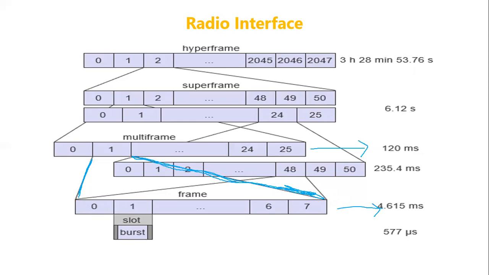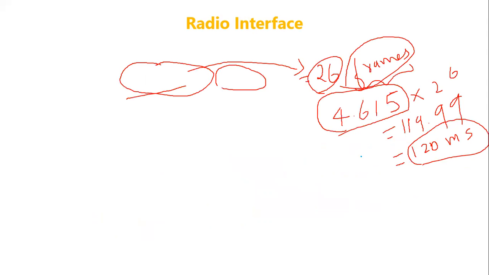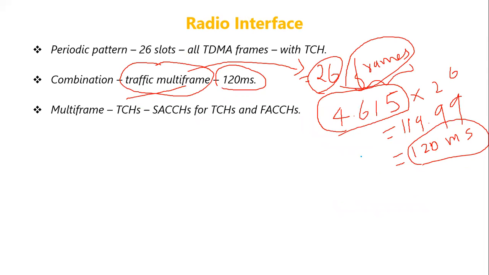I think it is clear. So this is how the multi-frame is created. Now let us continue. We have to keep on moving back to this diagram. So this is how the multi-frame is formed.